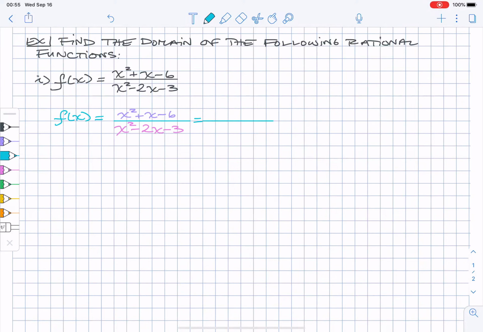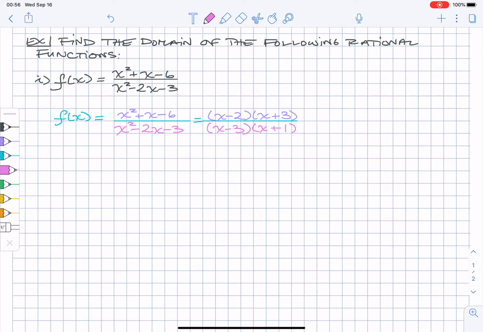What two integers have a product of negative 6 but a sum of positive 1? I claim that will be negative 2 and positive 3. Similarly, in the denominator, what two integers have a product of negative 3 and a sum of negative 2? I claim that will be minus 3 and plus 1.